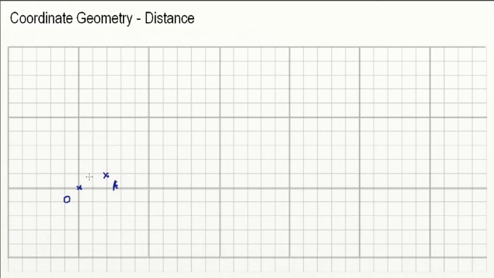If each of those squares represents one unit, this would be 2 to the right and 1 up. So the coordinates of point A would be 2, 1. Our frame of reference would be like this. So this is our point A here.